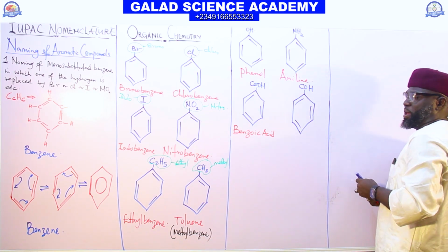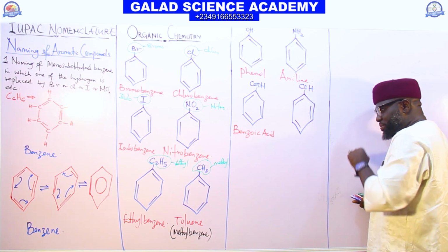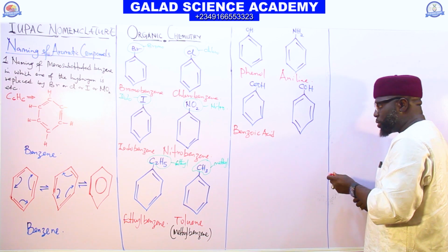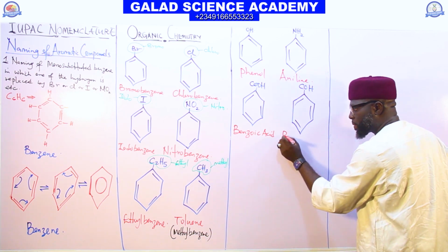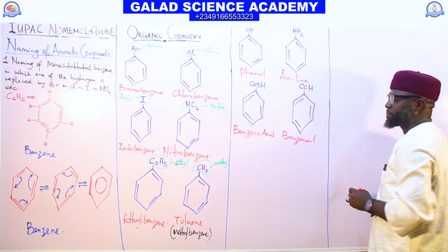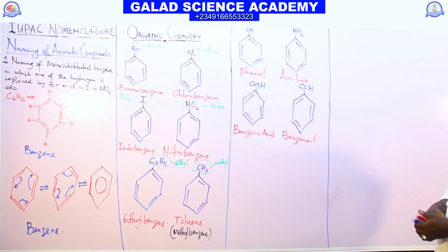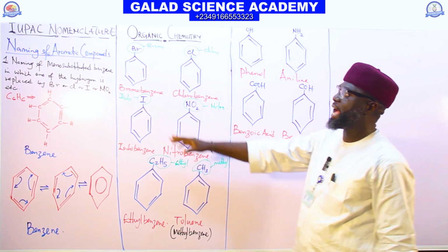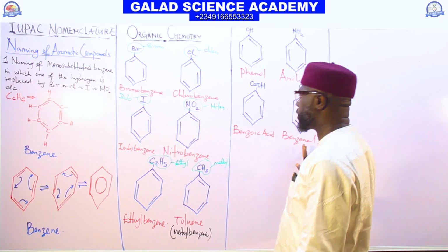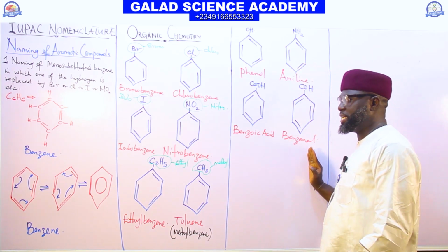So the name of this compound will be benzaldehyde. So all these are naming of monosubstituted groups of benzene.